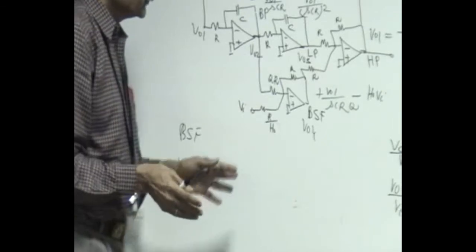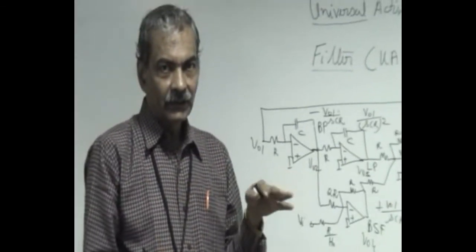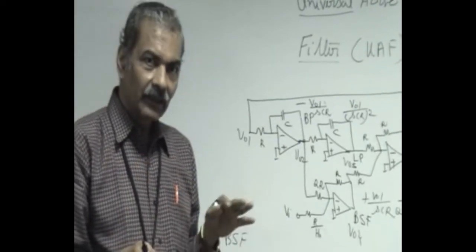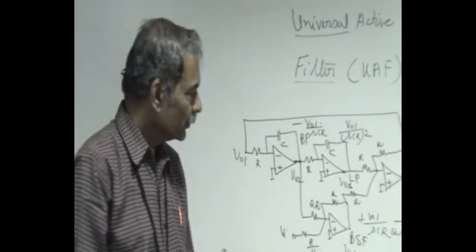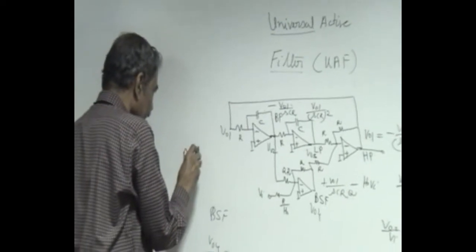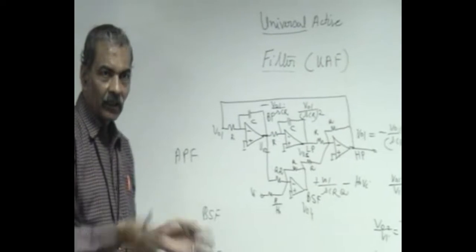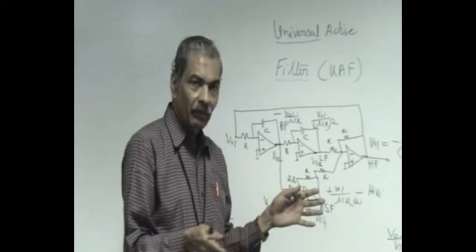All pass is a combination of high pass, low pass and band pass, such that the location of the zero is a mirror image of the location of the poles. That way, an all pass filter can be designed by simply summing up these three outputs of the low pass, high pass and band pass appropriately.